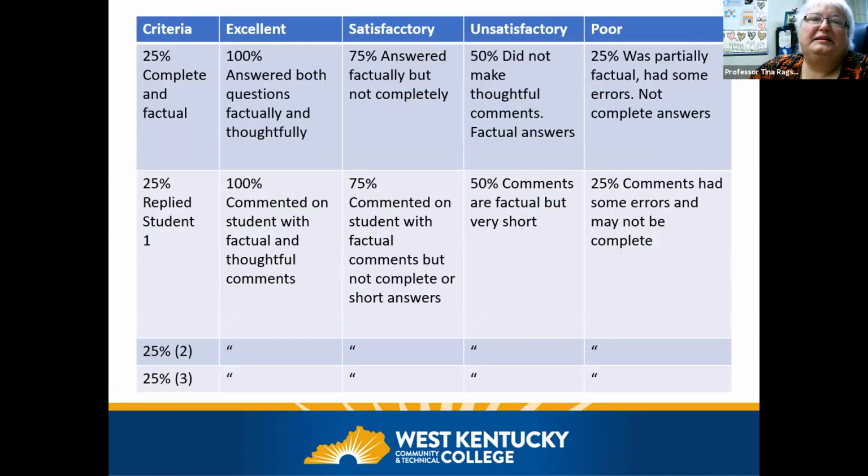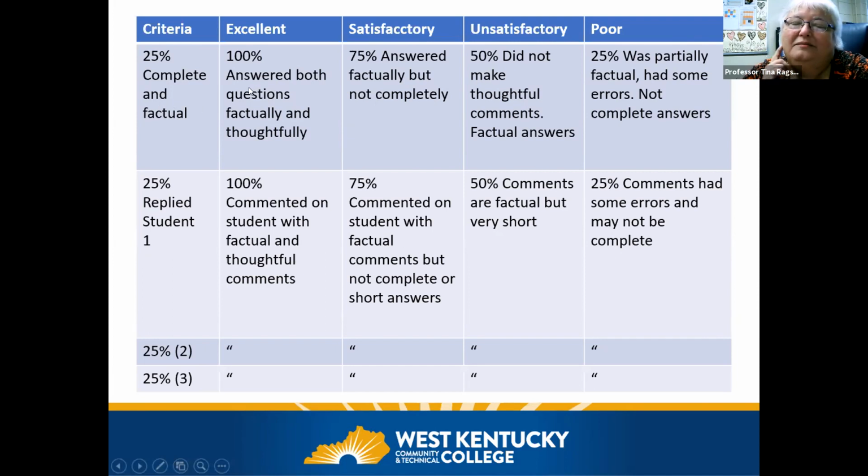So the first thing I wanted to mention was that I learned my lesson on rubrics. When I created my first rubric, I should have talked to some of our humanities and English people, and I didn't create a good rubric because, as you can see here, for 25% of the assignment, I said complete and factual. So the type of thing I was asking was, did they answer the question correctly?